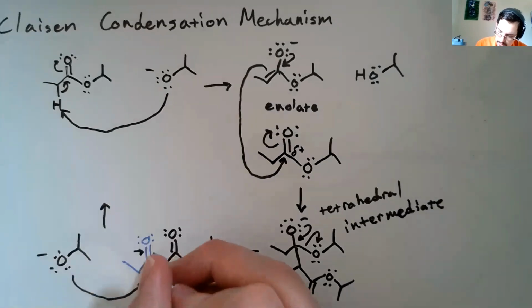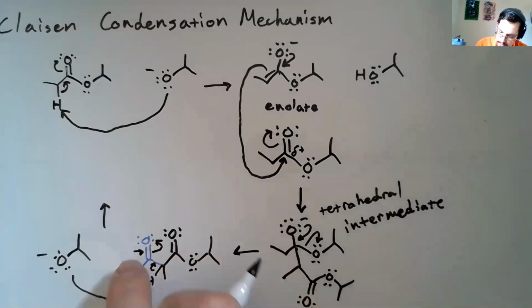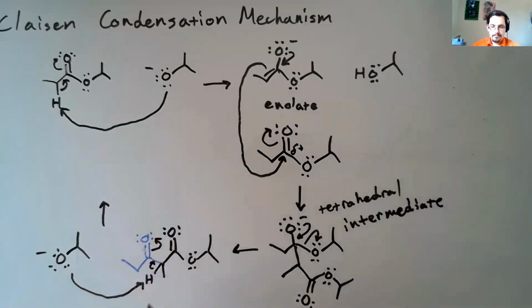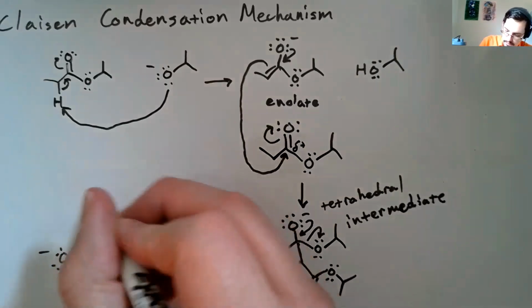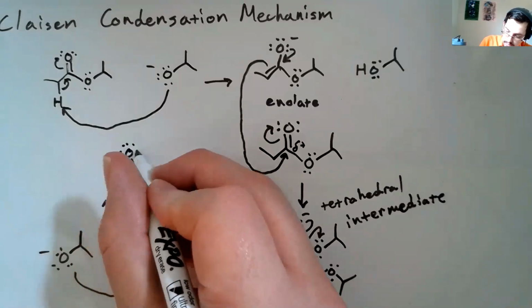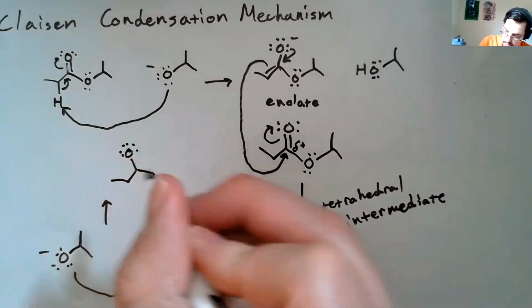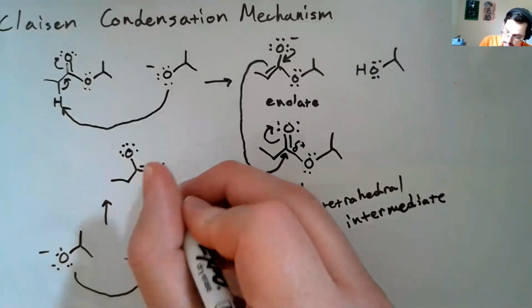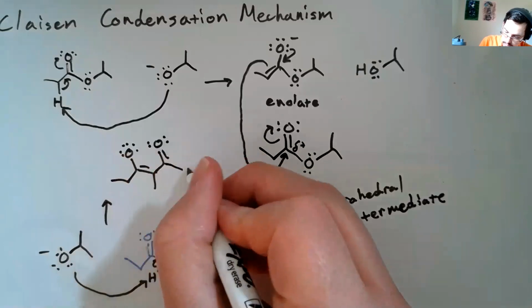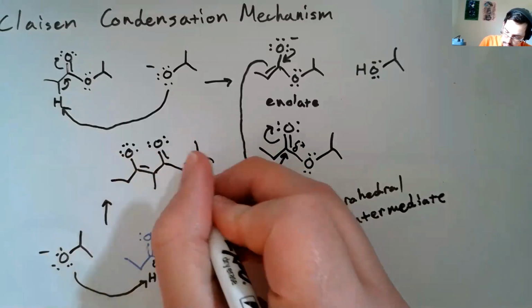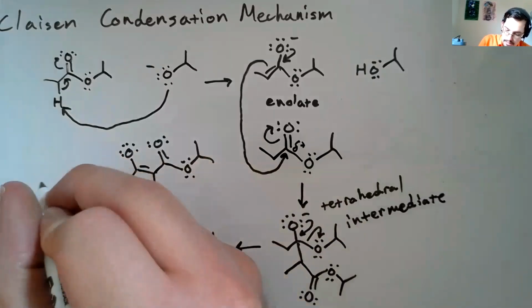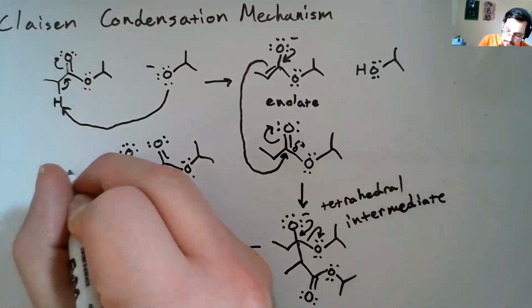So we can form a new enolate, along with our alcohol from that alkoxide.